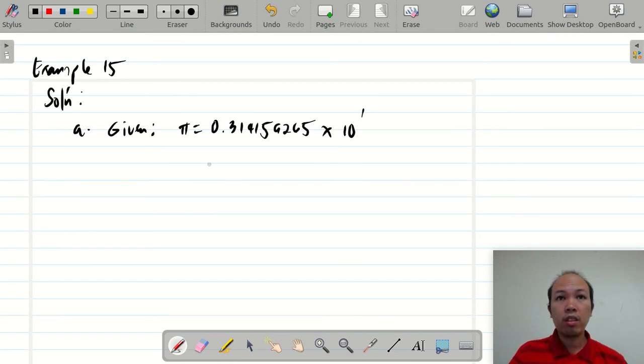So the given is already in the floating point representation.